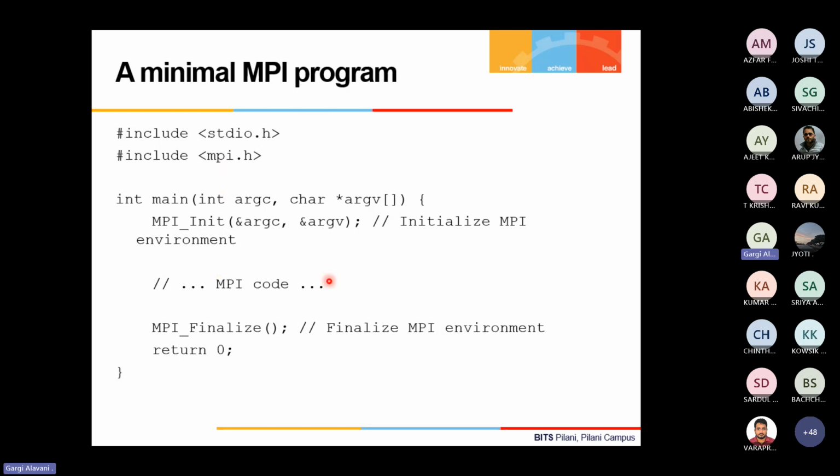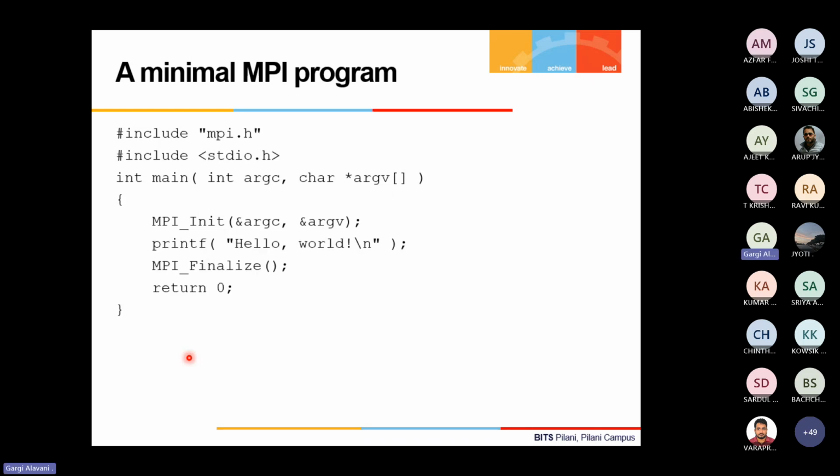Then there is the MPI code, whatever code you write, creating a number of processes, sending and receiving messages. And then you have the function MPI_Finalize, which finalizes the MPI environment. And then you return 0. So this is the simple minimal MPI program where you initialize the environment and finalize MPI.